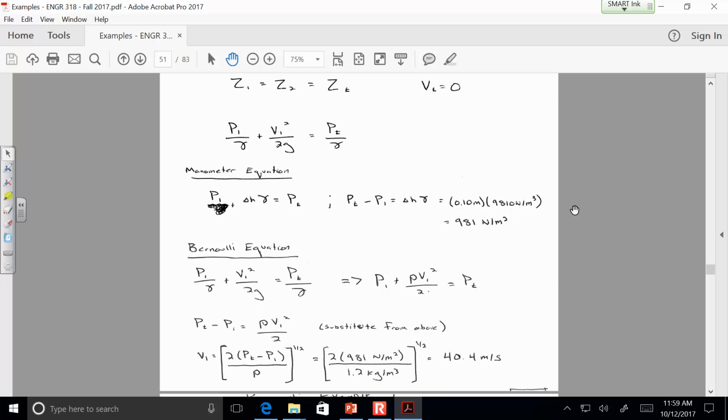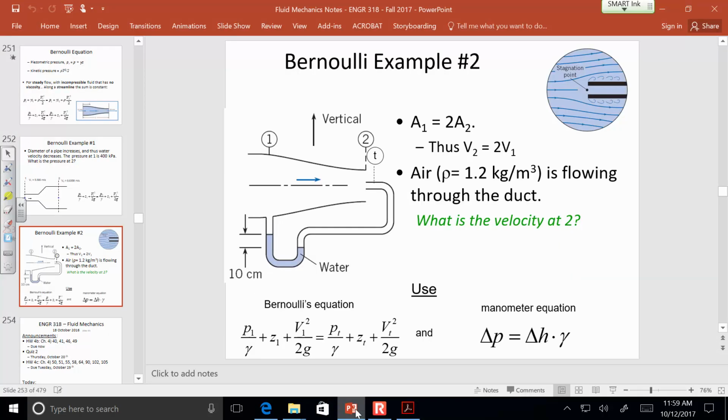And we put them together. The manometer is where we were measuring the pressure difference. We put the manometer pressure difference that's indicated into Bernoulli's. And so why don't you do that and see if you can find what is V1, and then also what is V2 if it's given that the area at that A1 is twice A2.